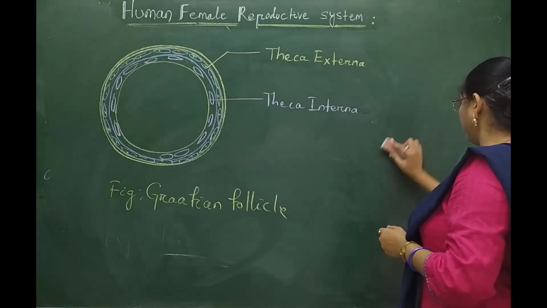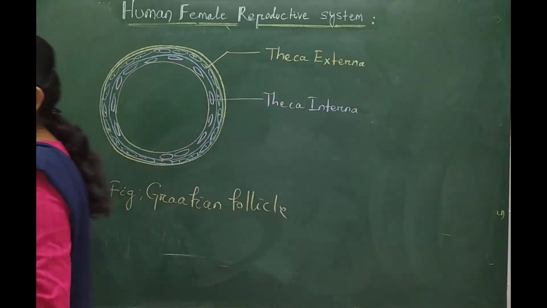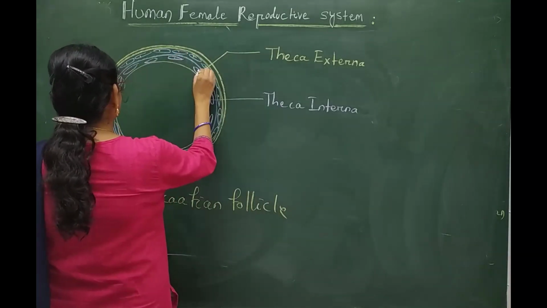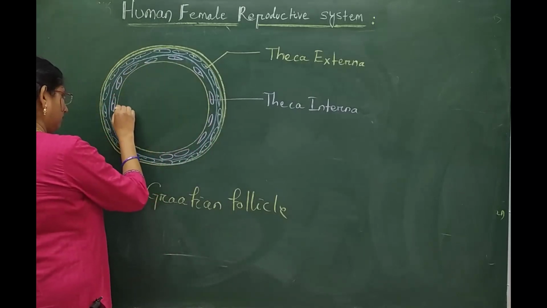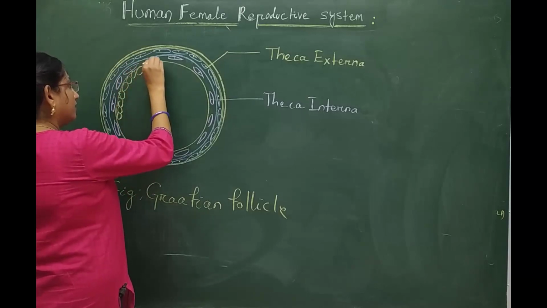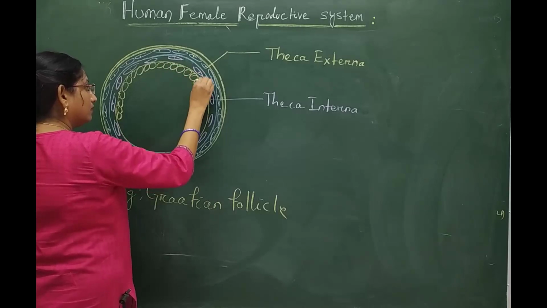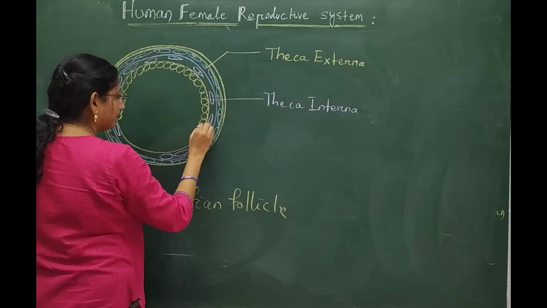Inner to the theca interna, the another layer is called granulosa layer. So these are the cells found at the inner side of the theca interna, which are numerous in number.